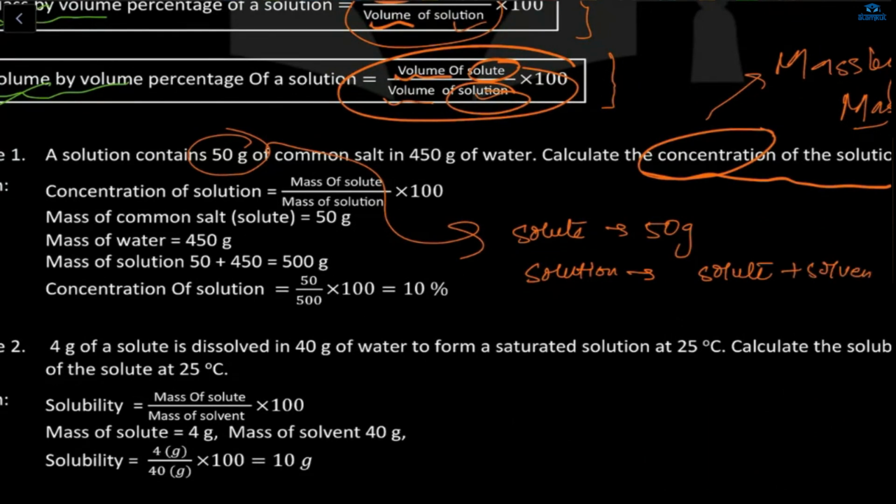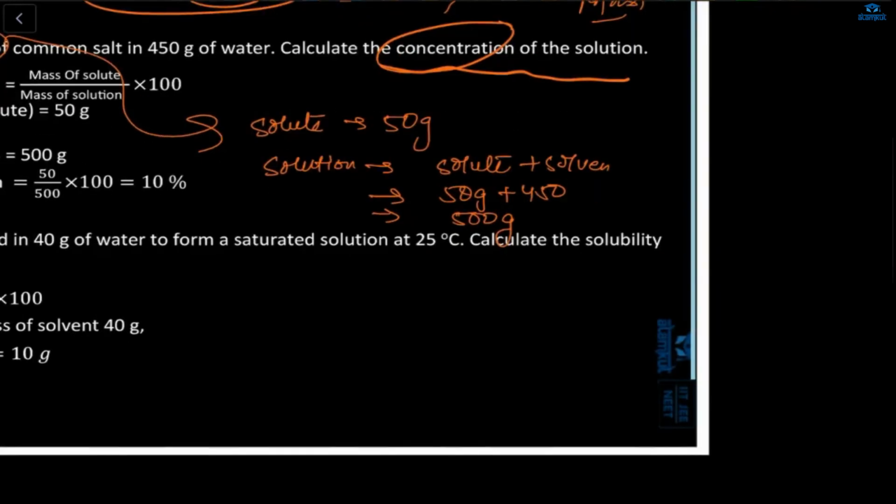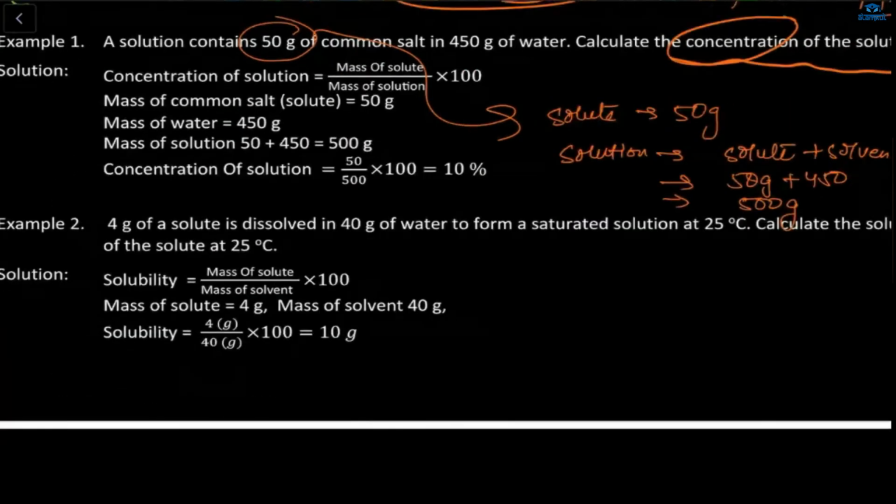Here my solute is 50 gram and my solvent is 450 gram, so my solution will be 500 gram. So it will be 50 by 500 into 100, which is only 10% mass by mass percentage. Okay? Did you get it?